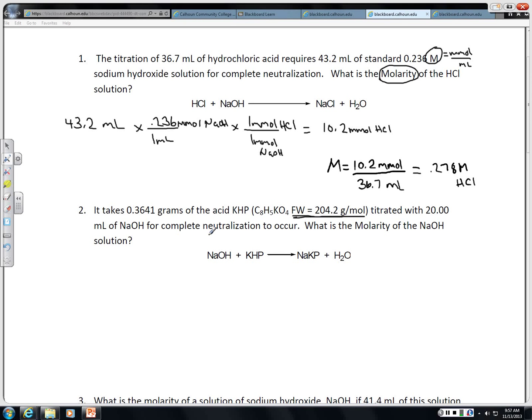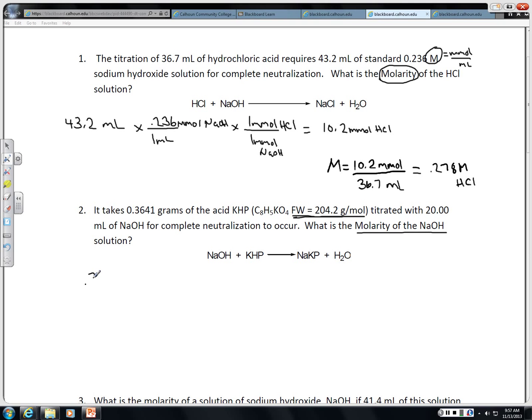Whenever we're given grams, that would be a good place to start. This time we have the grams of our acid and 20 milliliters of NaOH, and we're looking for the molarity of the NaOH.